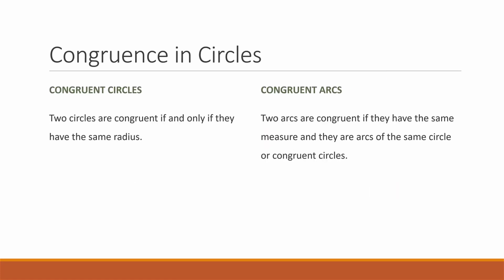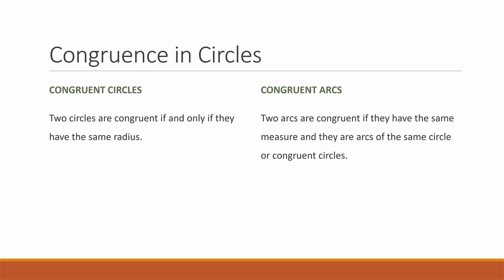So there's different things about circles that are congruent. We can't look for angles, we can't look for side lengths. But congruent circles are congruent when they have a congruent radius. That's the only measurement that we have for a circle is a radius. Everything else relates to that. So if the radius is the same on two or more circles, then those circles are congruent.